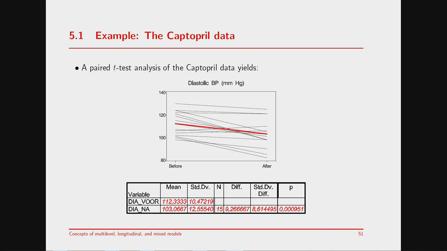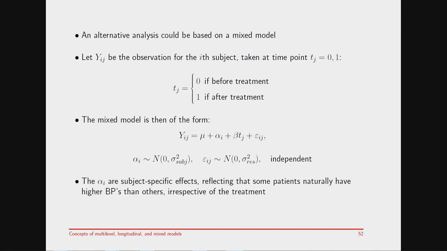So let's go back to our captopril data set, and let me focus again on the diastolic blood pressure. This is the result from the paired t-test situation. And if we now would turn it into a mixed model formulation, what would we have to do? Well, we're of course interested in that difference between before and after treatment.